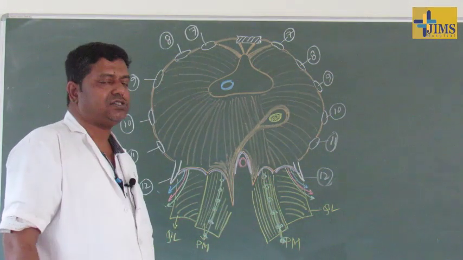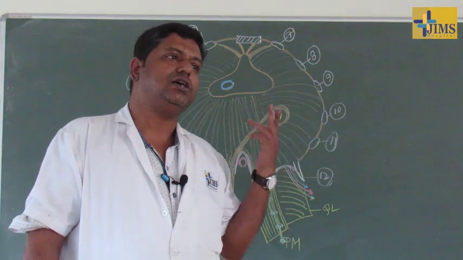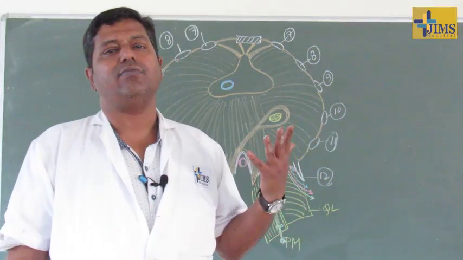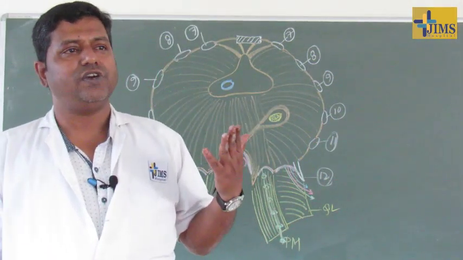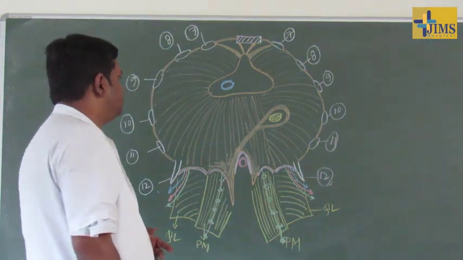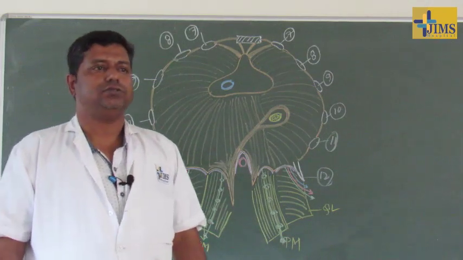And number 5, the fifth structure passing through the esophageal opening is the phrenoesophageal ligament. So, these are the structures passing through the esophageal opening.